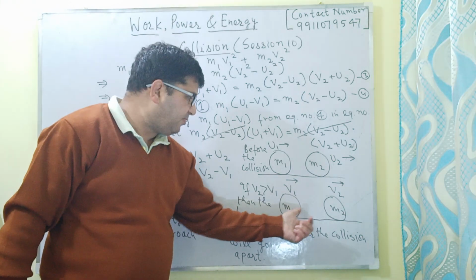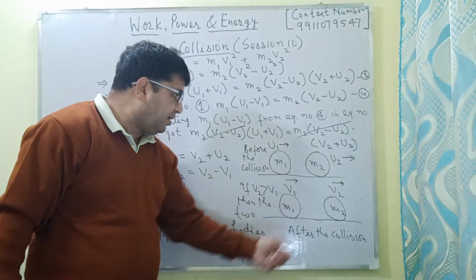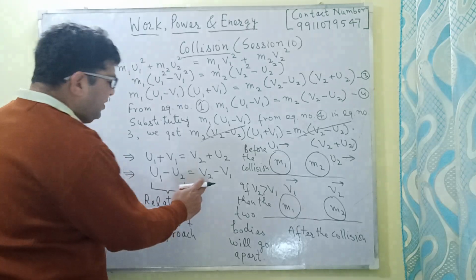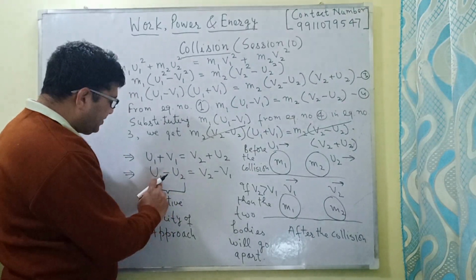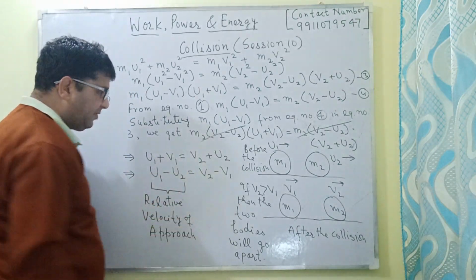So here from this relation we see that u1 minus u2 is equal to v2 minus v1.